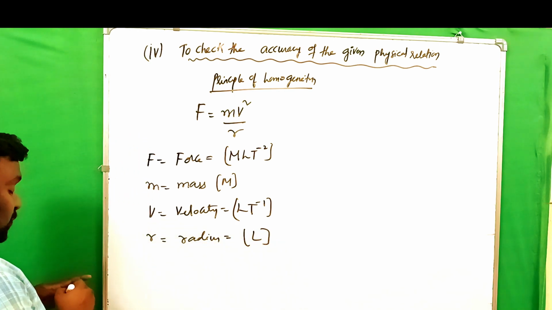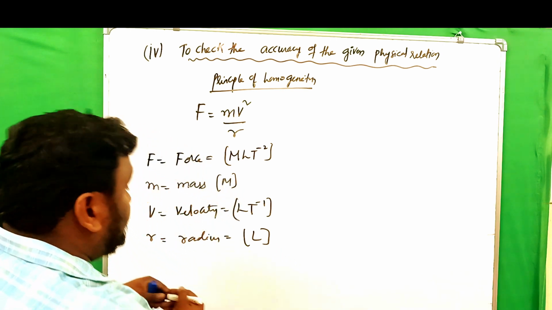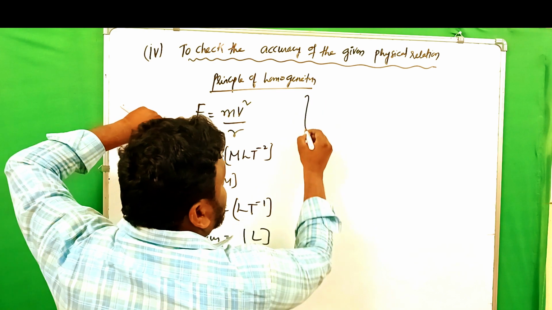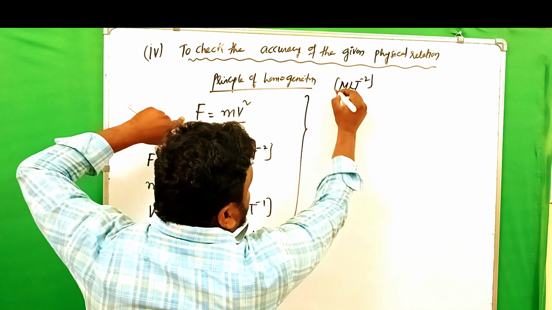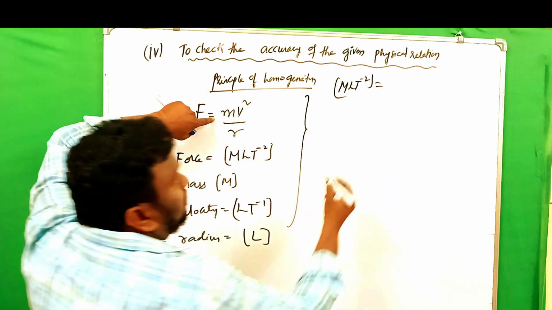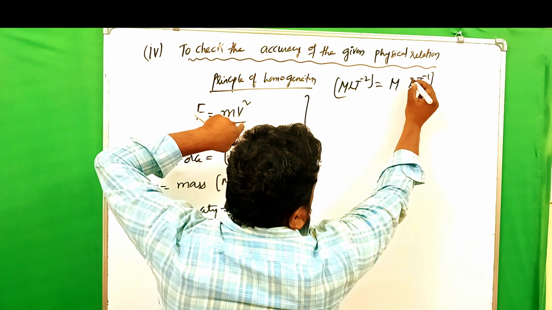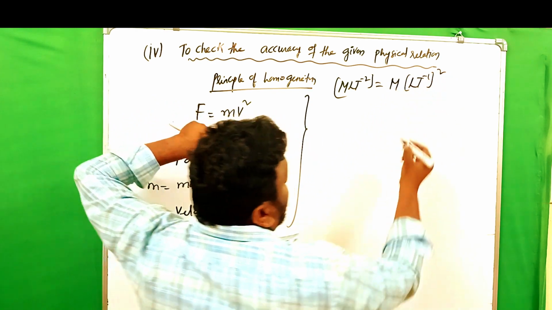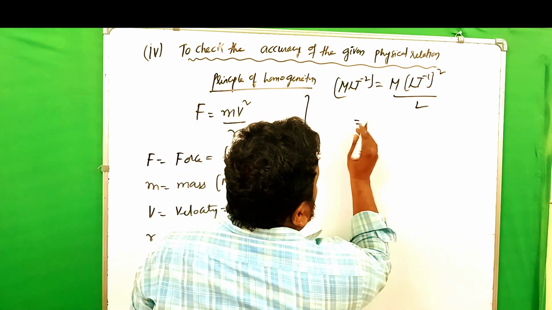Now we can substitute those in that equation. Let's check here what's happened. F is what? M L T inverse 2 is equal to M, mass, V, L T inverse 1, whole square by L. Then what do you have?